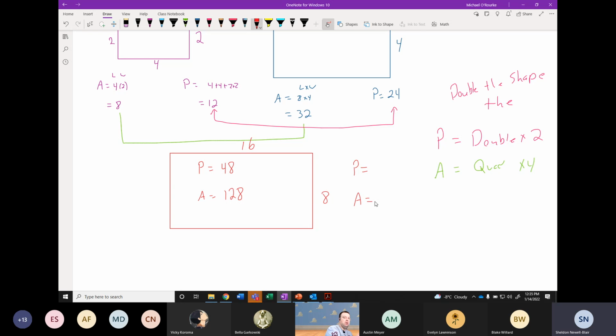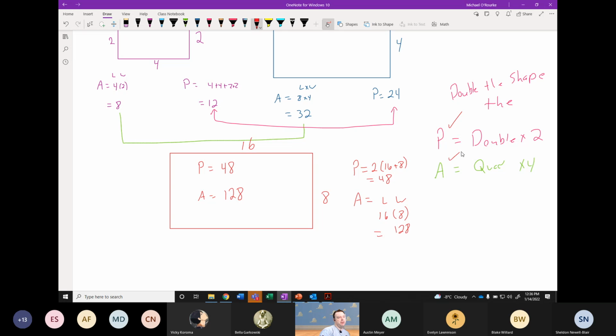Our perimeter prediction was correct. So 2 times 16 plus 8 equals 48. Okay, so this one's correct so far. Boom. And the area is correct as well. Area, length times width. So 16 times 8 equals 128.